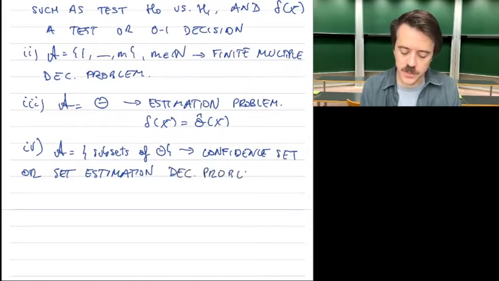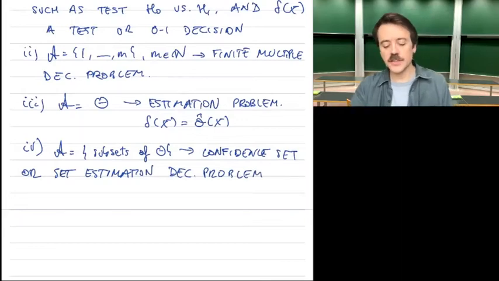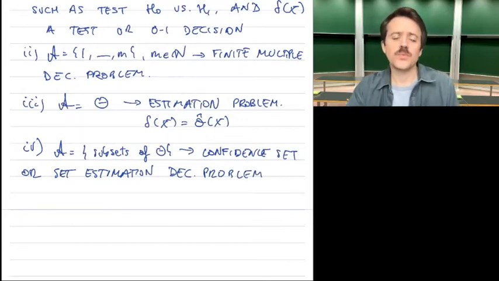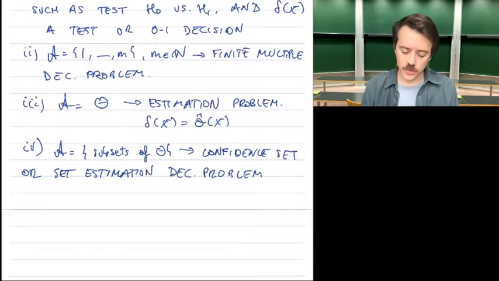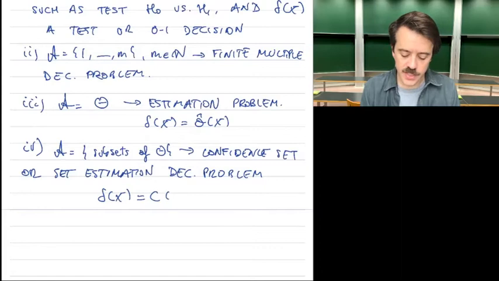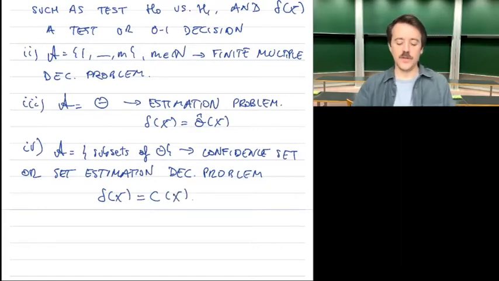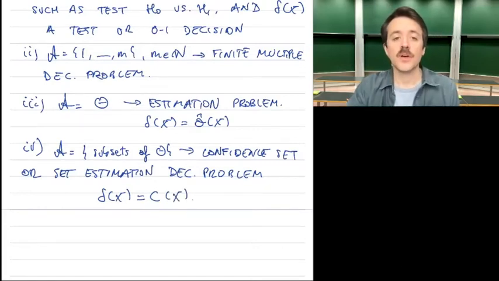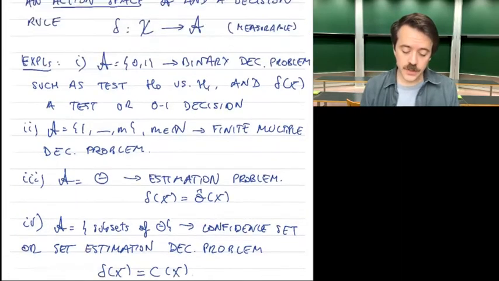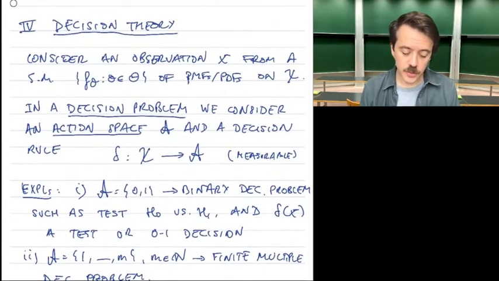Just as before with the test, what we have in mind is not exactly a confidence set, but rather some estimation of some set. And so then we fall into this realm as well, right? And so for this example, this delta x is going to be the usual cx, so our usual confidence sets. Okay, so these are some examples of decision rules.